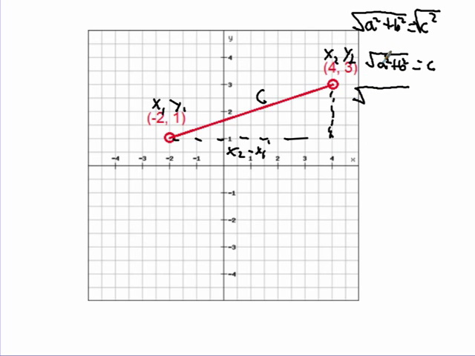So instead of a squared, I can just make this x2 minus x1 squared. Similarly, instead of b squared, this vertical distance here is y2 minus y1. So plus y2 minus y1 squared.